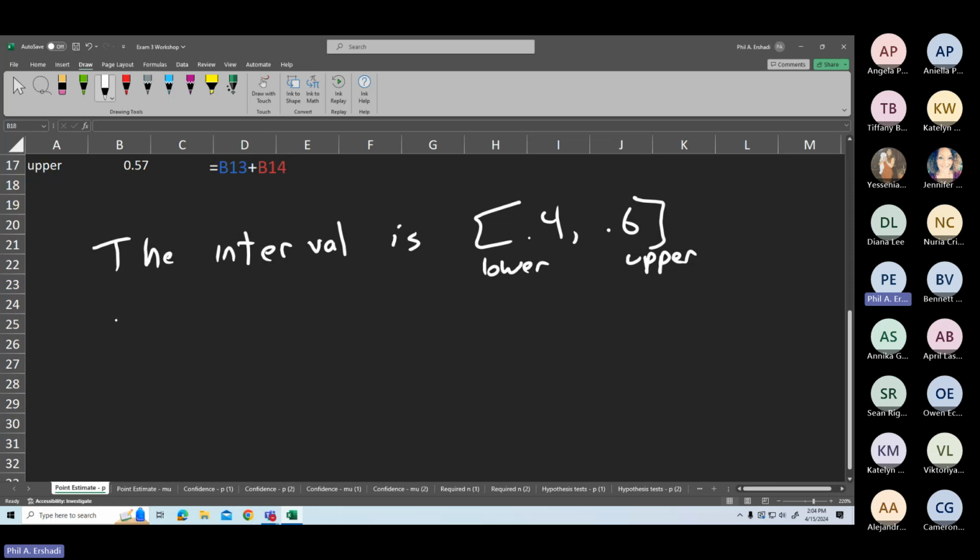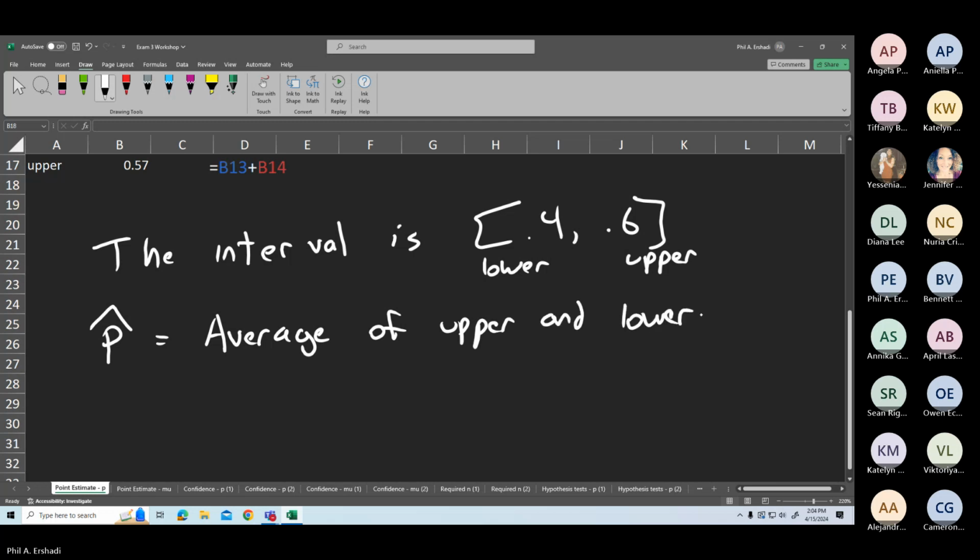So if they give you the interval straight up and you want to find the p-hat, you take the average of the upper and lower. The formula for that in Excel is just equals average of the upper and lower.